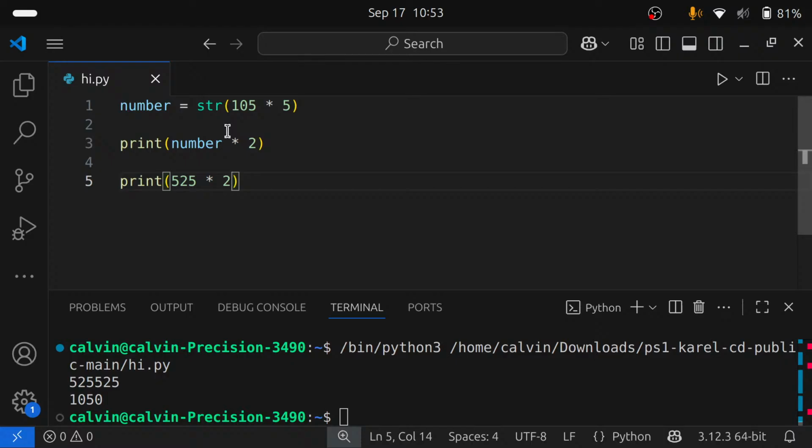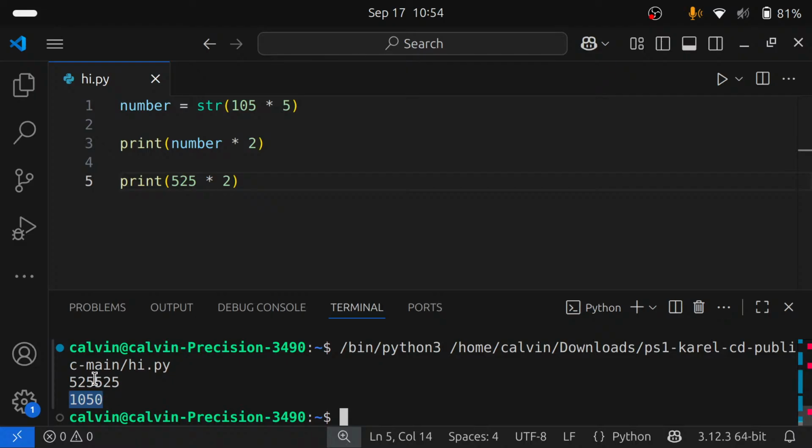It didn't duplicate a number, it duplicated the string. Yeah, there's 2 525s, right? And they're like buds. They're like smooshed up right next to each other, right? They're like hanging out after class, right? And this one, what's that one? That's also 2 525s, but they're added together like they're numbers.